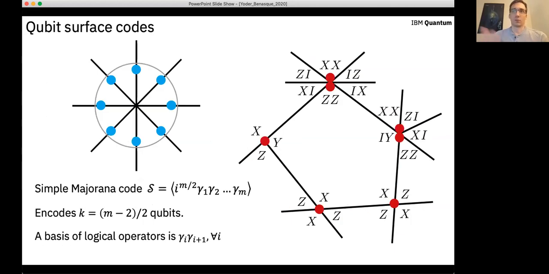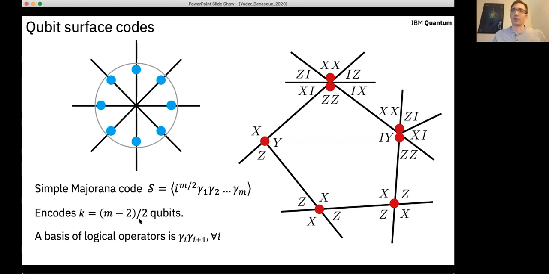We're going to transfer pretty quickly over to qubits. And the way to do this is to realize that around these vertices, there's a very simple Majorana code, which has a single stabilizer. And this code encodes this many qubits, where m is the degree of the vertex: the degree of the vertex minus 2, over 2.